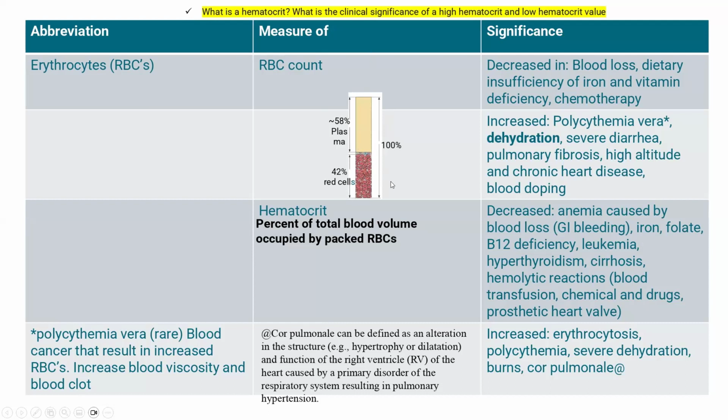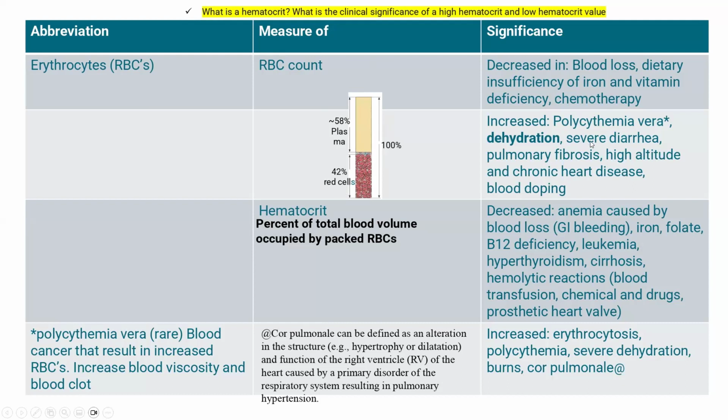You lost a lot of water and fluids, and you are dehydrated. What will happen? You will have an increased percentage of this red blood cell mass, and this will result in increased hematocrit. Severe diarrhea, the same, you are losing fluid.